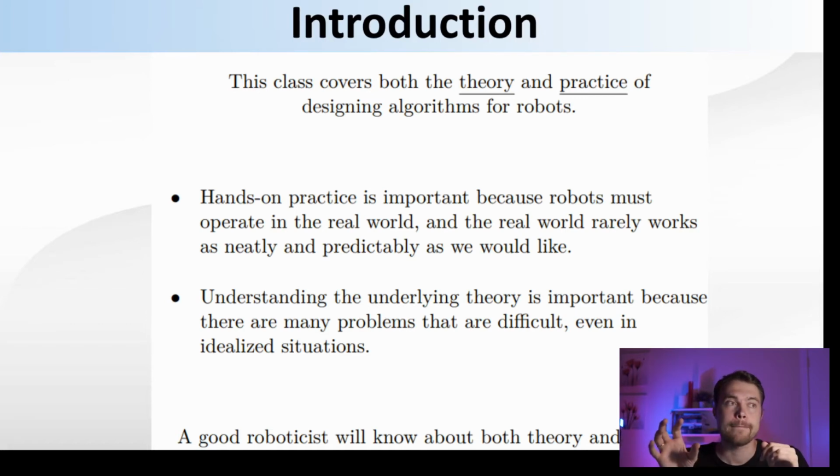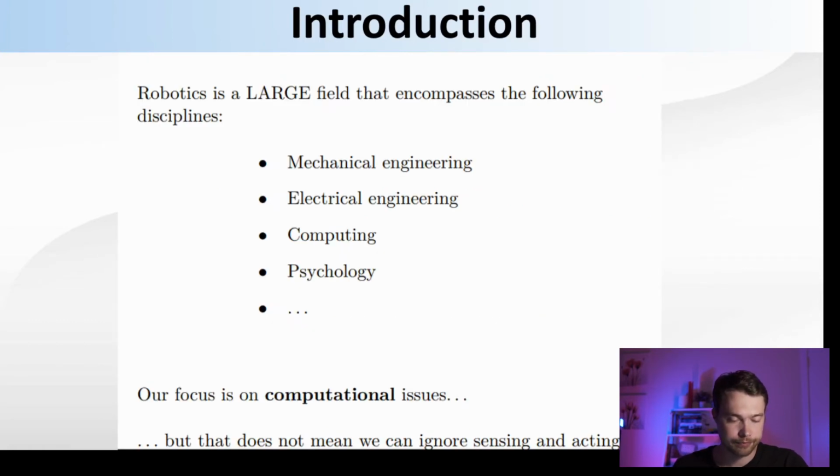You perform simulation on that robot in the simulator, and then you go to the real world, hoping that the simulator shows exactly the same results as the real world will, right? Because if you crash the drone in the real world, it's going to be an issue, you're going to lose a lot of money, but if you crash it in the simulator, you're not losing anything. A good roboticist, a person who's doing robotics, will know about both theory and practice.